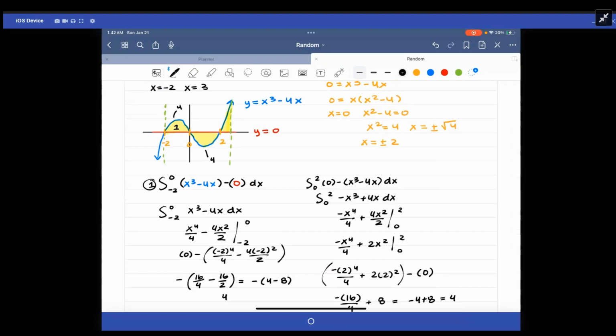Okay. So, that would be, if we're going to simplify this, it'd be 81 divided by 4 minus, and then we're going to multiply 18 by 4, so 72.